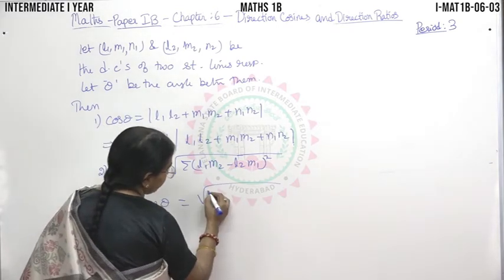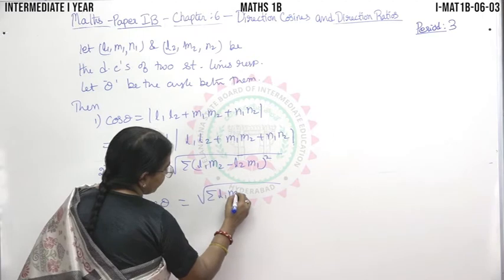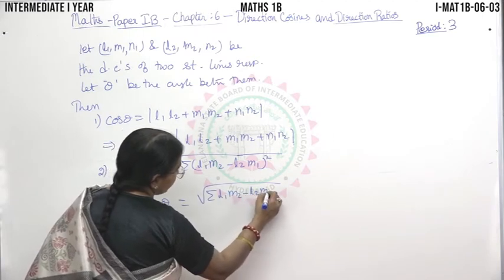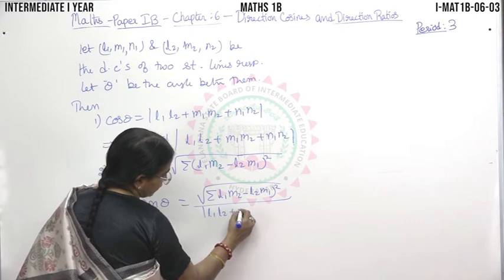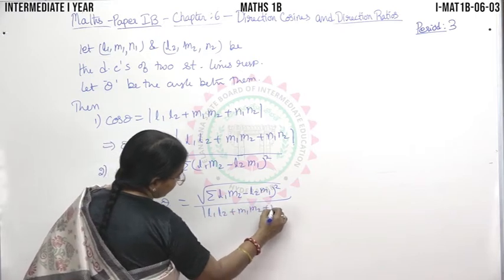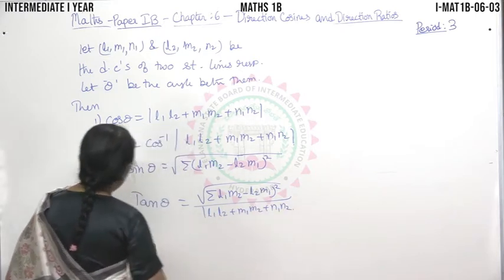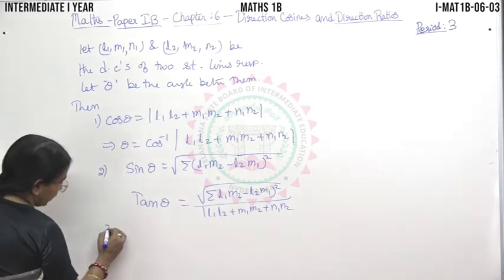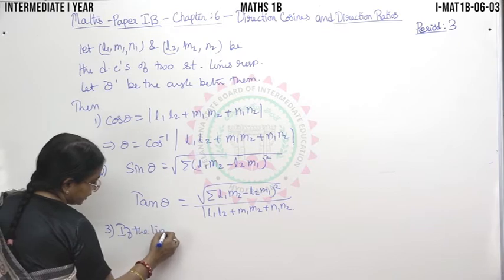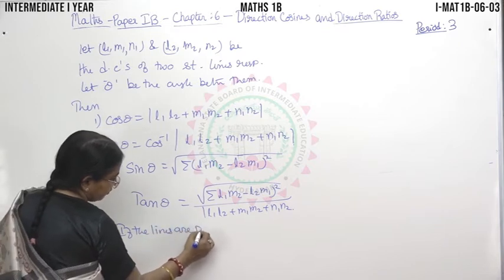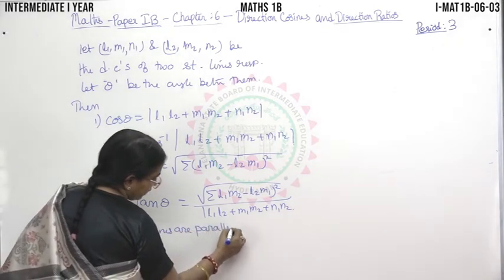So it is root of sigma of (L1 M2 minus L2 M1) whole square by mod of L1 L2 plus M1 M2 plus N1 N2. Okay, next, the third point is if the lines are parallel, then their DCs are equal.